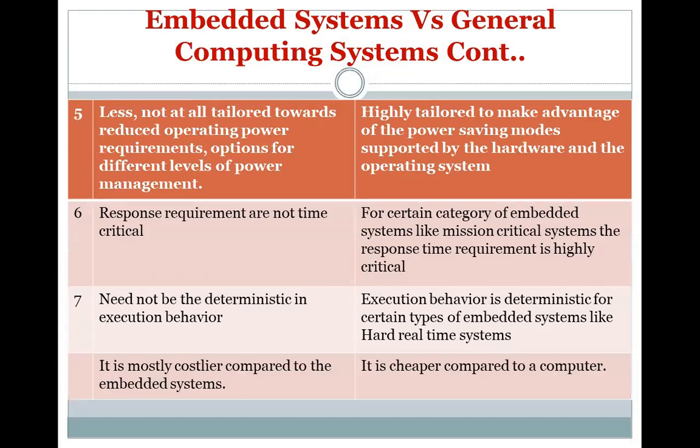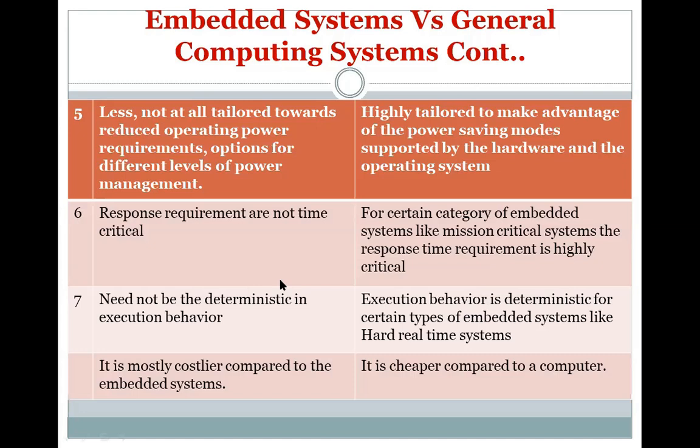For general purpose computing, reduced operating power requirements and options for different levels of power management are very few in number. Whereas here, it is highly tailored to take advantage of power saving modes. It is in the designer's hands how best the power can be reduced. Based on that, designs can be modified.